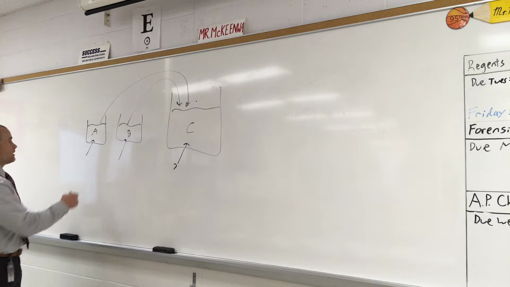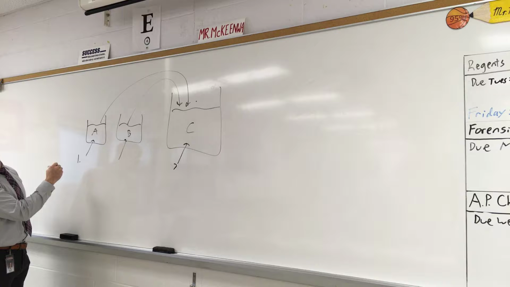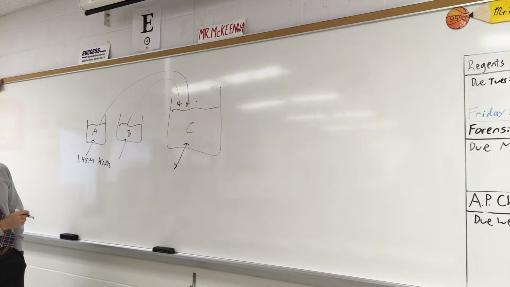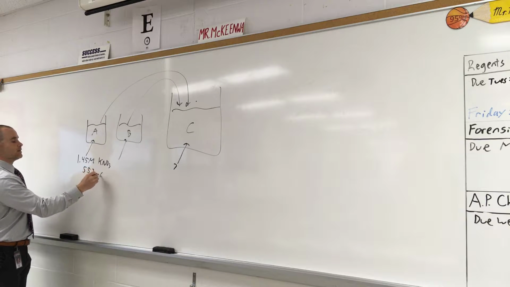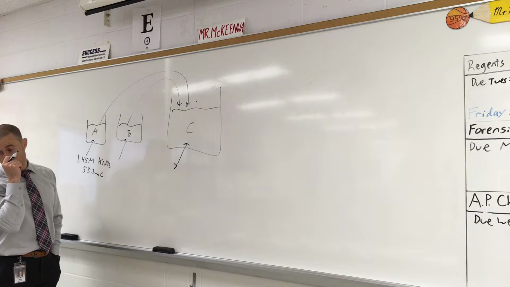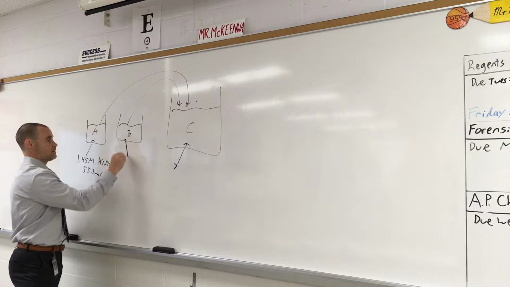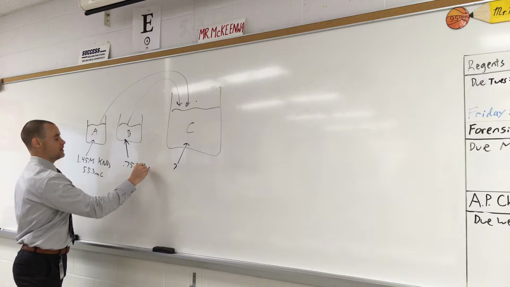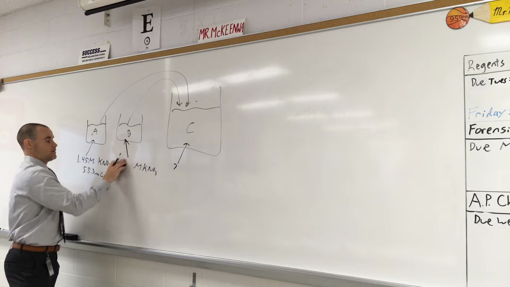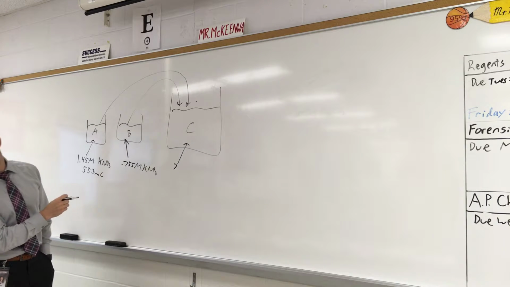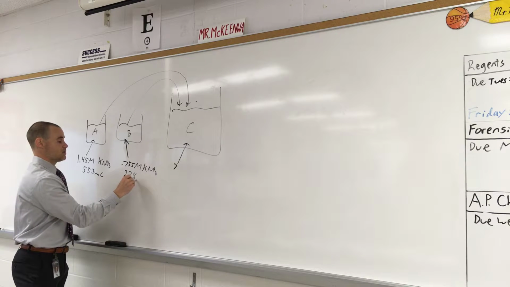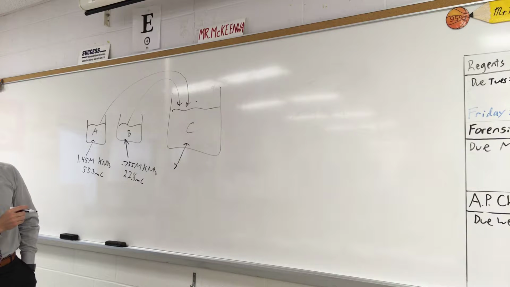Let's say we have solution A, which is 1.45 moles per liter of KNO3, and in that beaker we have 55.3 milliliters. In beaker B, we have the same thing, KNO3, but it's 0.755 moles per liter, and the volume is 22.8 milliliters.